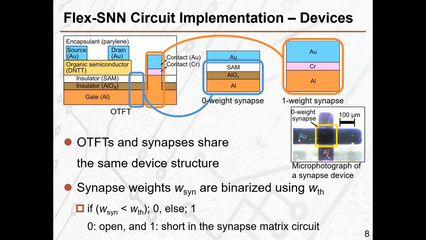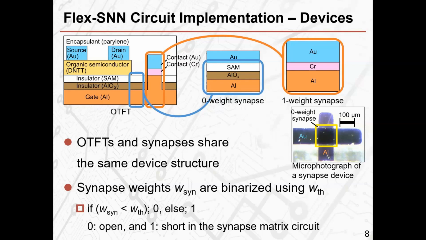And one-way synapses are composed of Al, CL, and Au. This structure is also common to the contact between the gate and top contact electrodes. So OTFTs and synapses share the same device structure, and so they share common fabrication processes. And also these simple metal stacking synapses can be realized with metal wire crossings like this microphotograph.